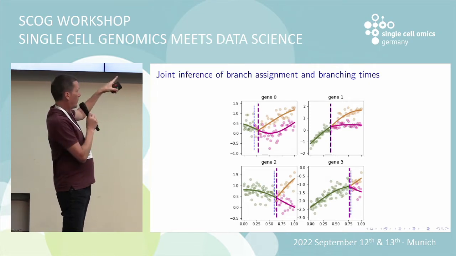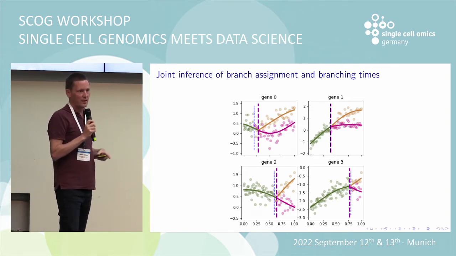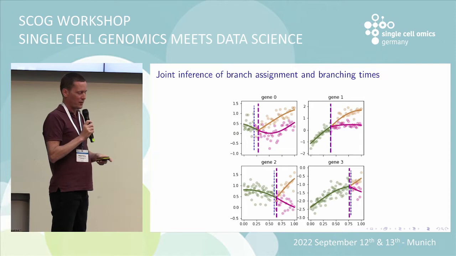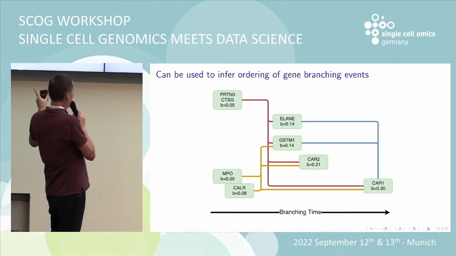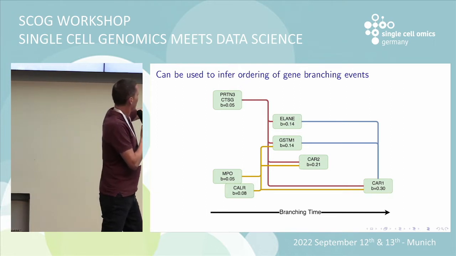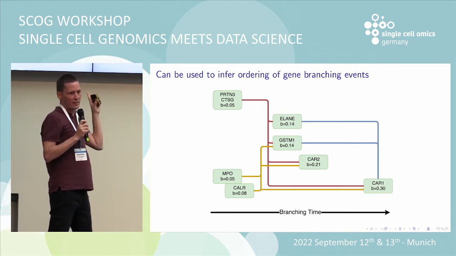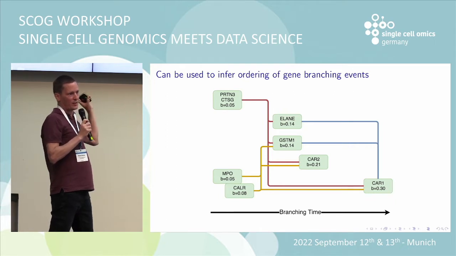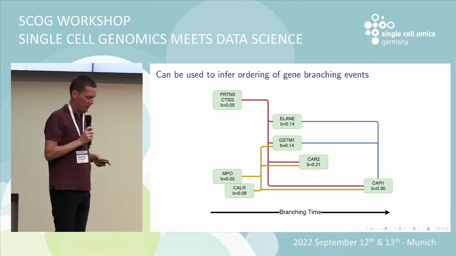So you're kind of inferring these discrete colors, and you're also inferring the branching times. This allows you to kind of order the genes in time. So you can apply this, if you have some differentiation process, to order your genes according to where they are beginning to branch, and hopefully that gives you some kind of indication of the causal sequence of events through pseudotime.